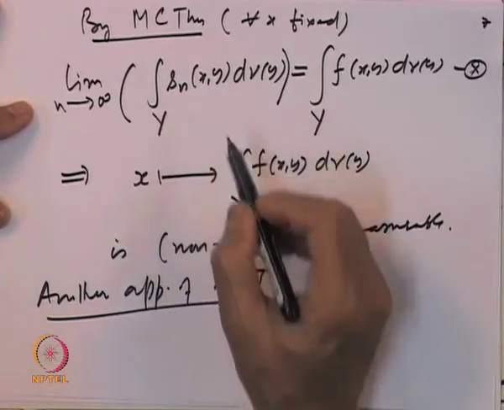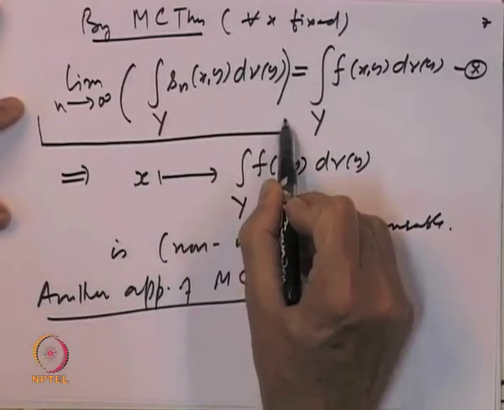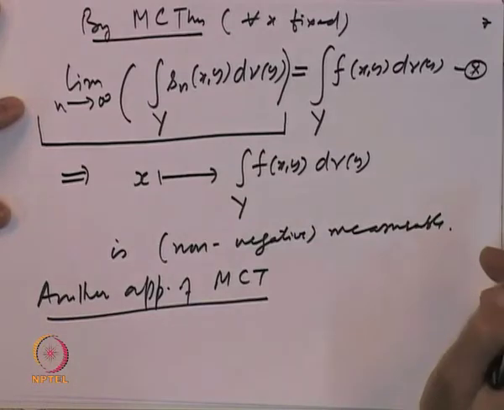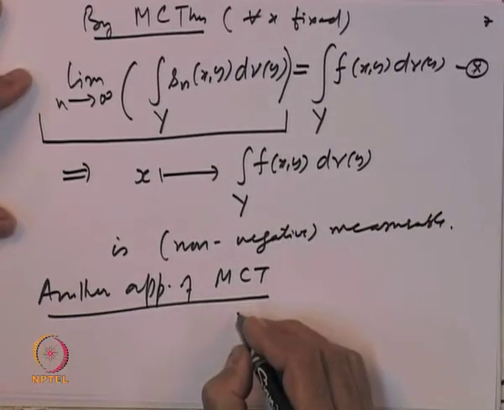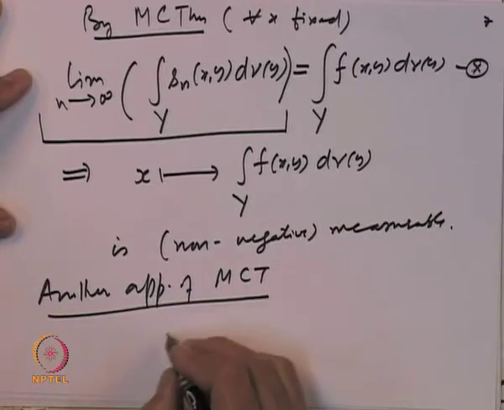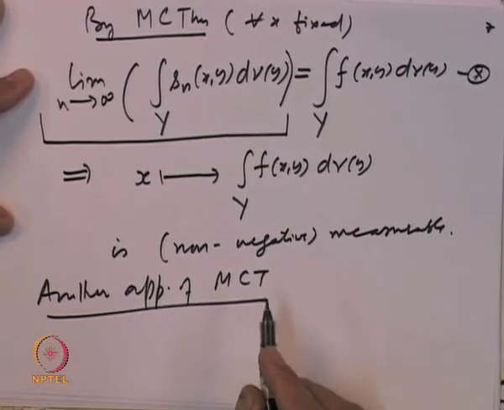So, this limit is equal to this. Now what we are saying is another application of the monotone convergence theorem to the sequence of measurable functions.